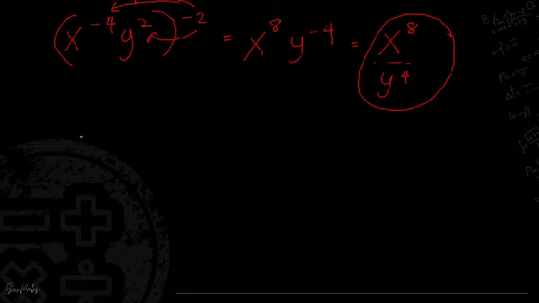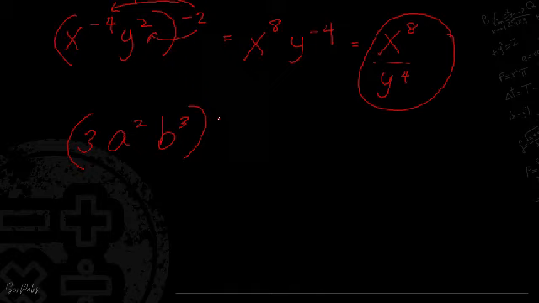Let's have another one. So we have here 3a to the second power, b to the third power, quantity raised to the second power. So distributive multiplication or distributive exponent. So the exponent of 2 will be distributed to the 3 entities inside the parentheses.